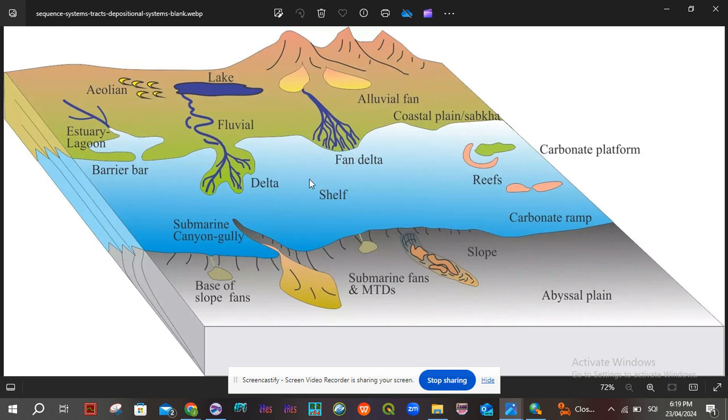So within the shallow marine environment, as I've said, we have the upper shore face, which is basically beach sand and sand. The middle and the lower shore face are closer to having some marine materials beneath.